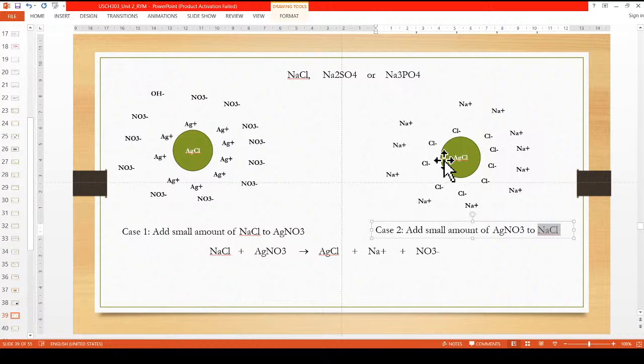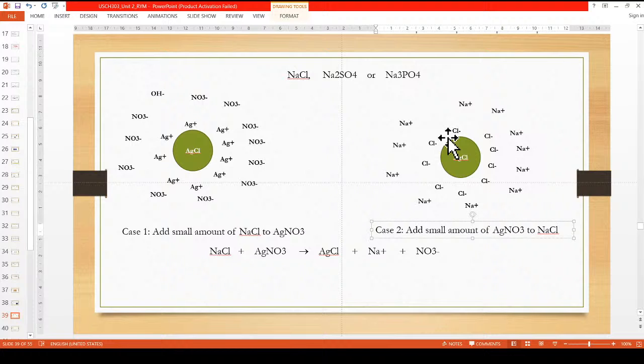If you added just one drop, one molecule of AgNO3, only one molecule of AgCl will form. Now in this case, since your host contains Cl minus ions in common with AgCl, these Cl minus ions will surround your precipitate molecule and will form the primary layer.